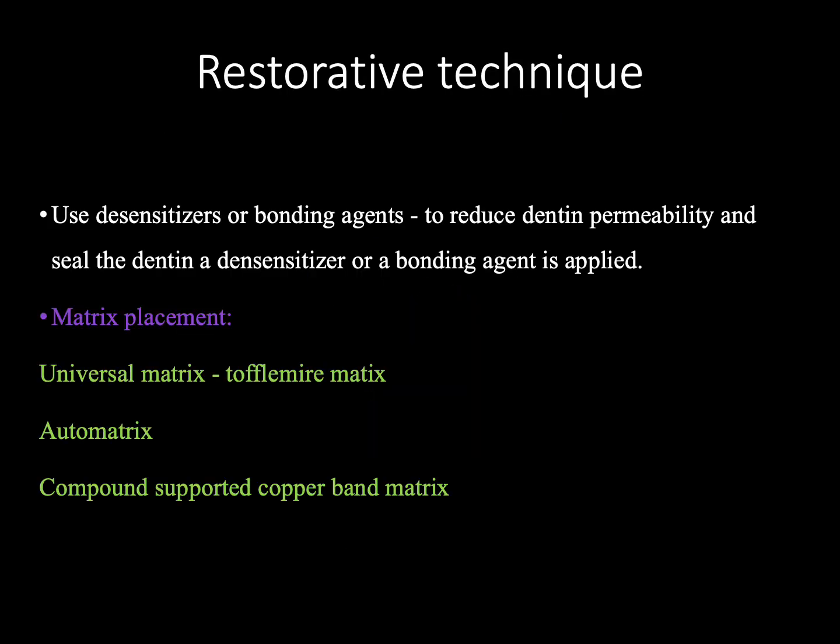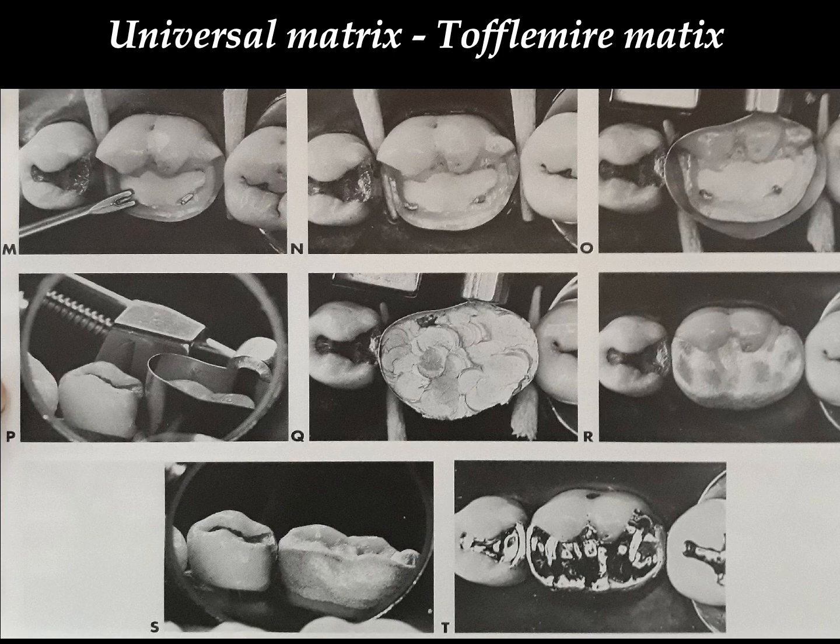So how do you restore this? The restorative technique is similar to that of your normal amalgam restoration, using a universal matrix or a Tofflemire matrix, auto matrix, or even compound supported copper band matrix. So after placing the pin, you place a universal or Tofflemire matrix and then go ahead with your amalgam restoration, carving, burnishing, and finishing and polishing.